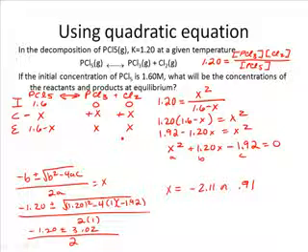Since x by itself is an equilibrium concentration for our products, we can throw that one out. So we know x is going to be 0.91. So we have 1.6 minus 0.91, which is 0.69 for the PCl5, and 0.91 and 0.91 would be the equilibrium concentrations of our products. Okay? So, not too bad.